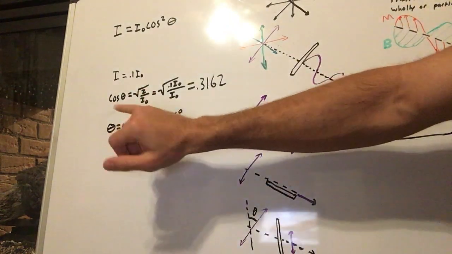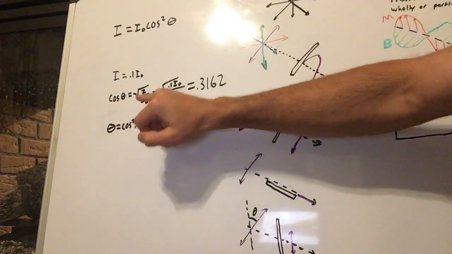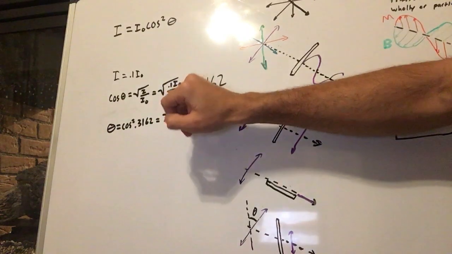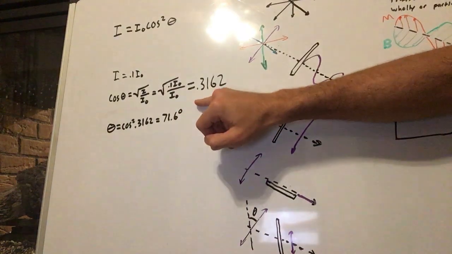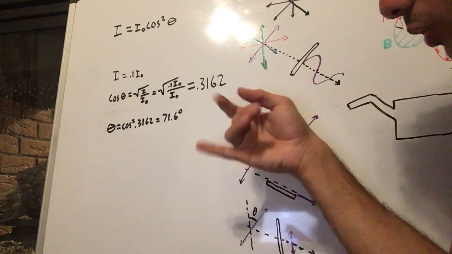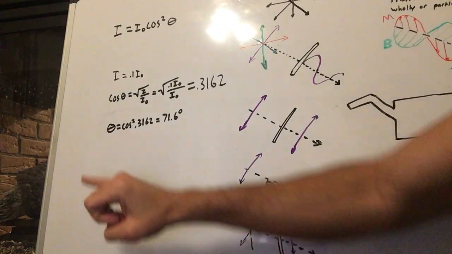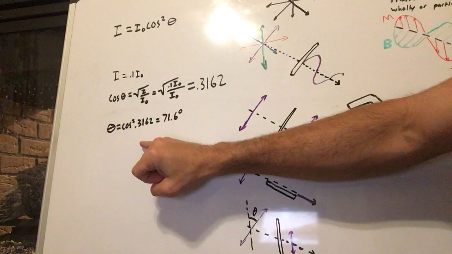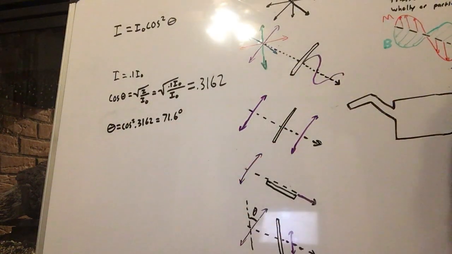Algebraically, we can get cos θ = √(I/I₀) = √(0.1 I₀/I₀). Mathematically, we get 0.3162. Now, using that, we can plug it into our master equation and get θ = cos⁻¹(0.3162), which is 71.6 degrees.